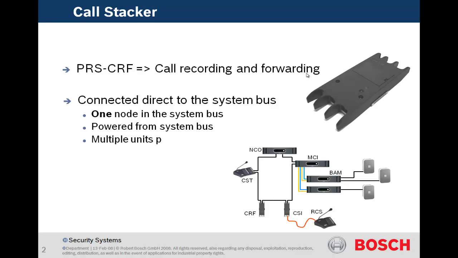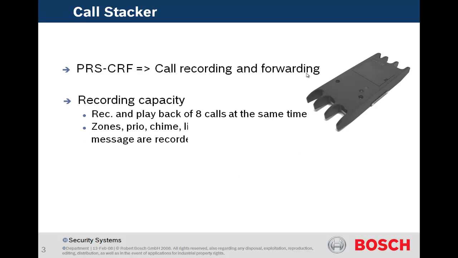It's only one node in the system, and you can have multiple call stackers in a system, which is not really necessary at most points, but some applications may need it. This will handle 8 recordings at the same time. That's 8 recordings and 8 playbacks at the same time.